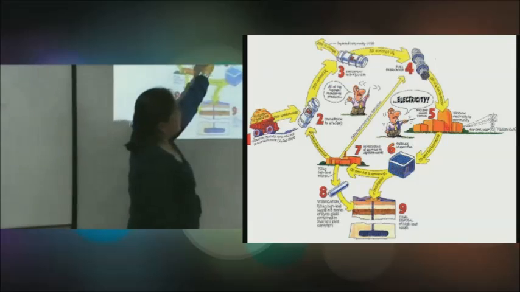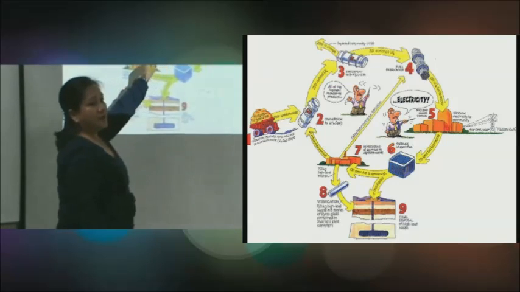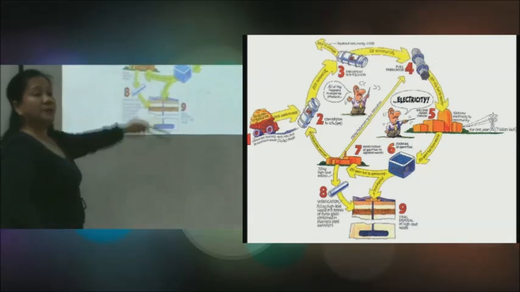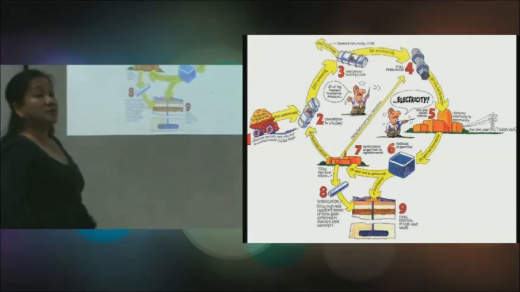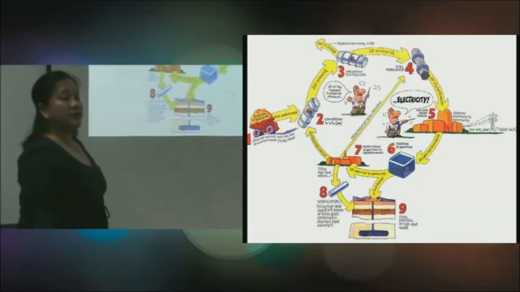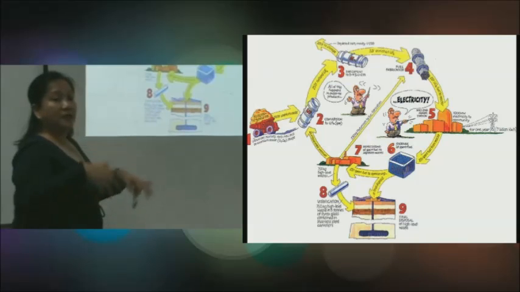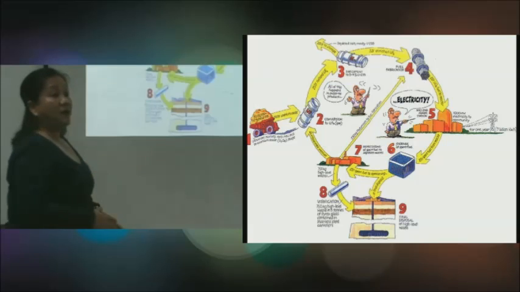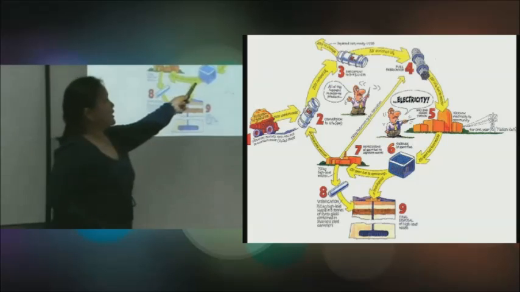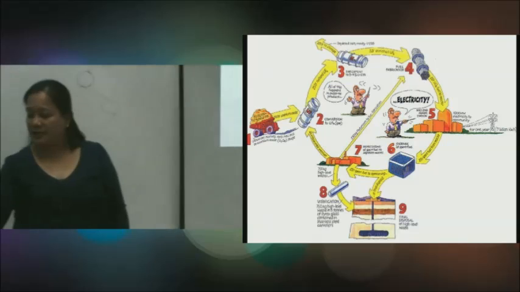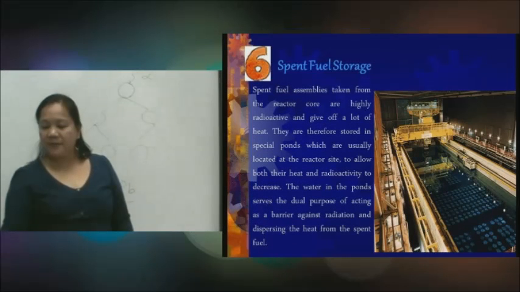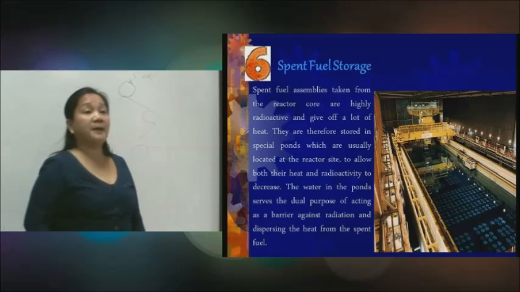The spent fuel rod, because of the energy released from nuclear fission, which is tremendous, you have that idea already. That means the fuel rod is so hot, and therefore you need to immerse it first in a basin of water, as you can see here. Now I have a more detailed picture here of how they cool the spent fuel rod.